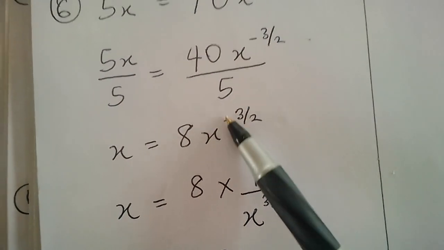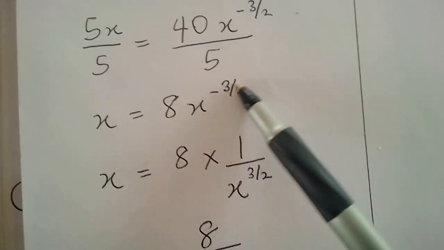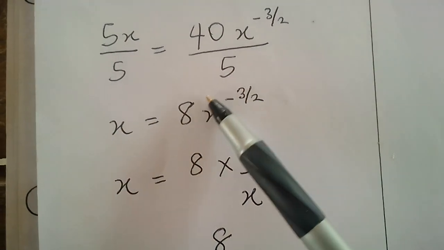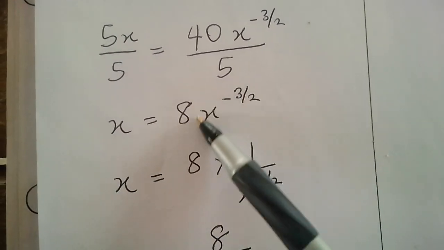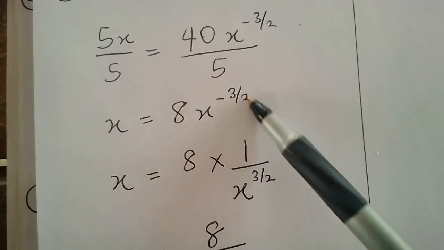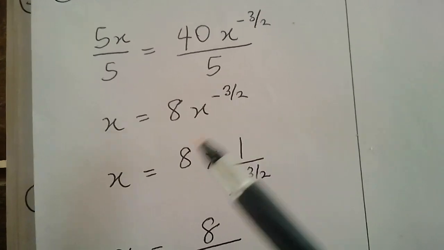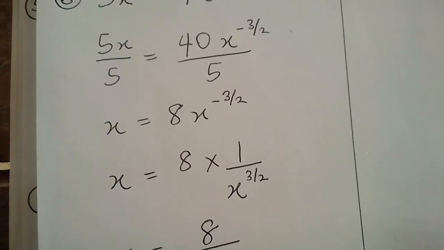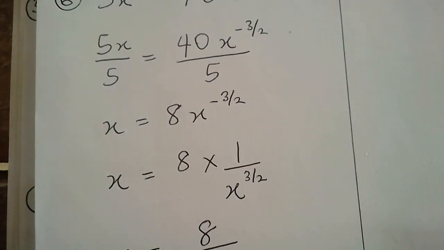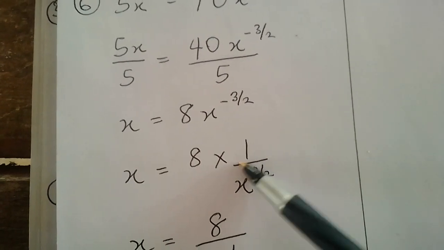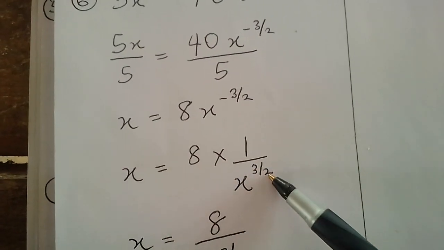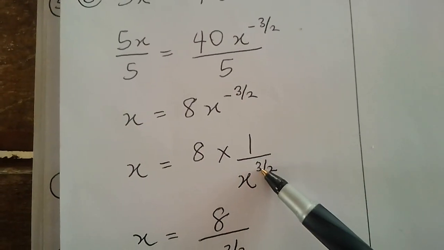Because of this negative power, let's change this x to a positive power. It will be the reciprocal of the positive power. So it is the same thing as x raised to power 3 over 2, which is the same thing as 1 over x raised to power 3 over 2. This negative power will change to a positive power.